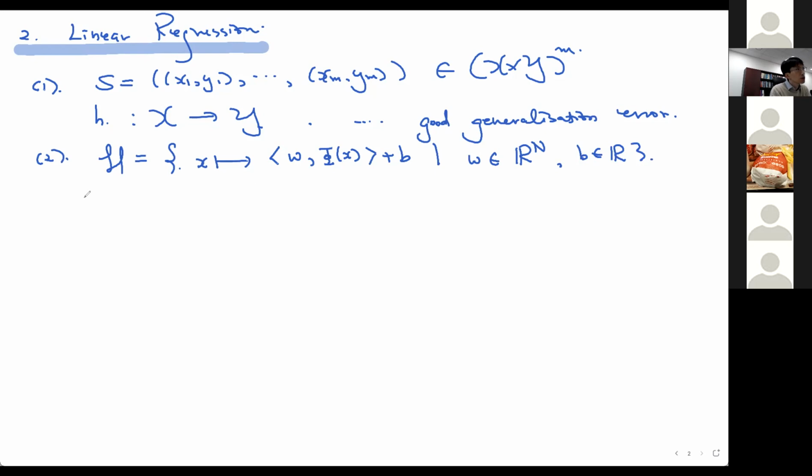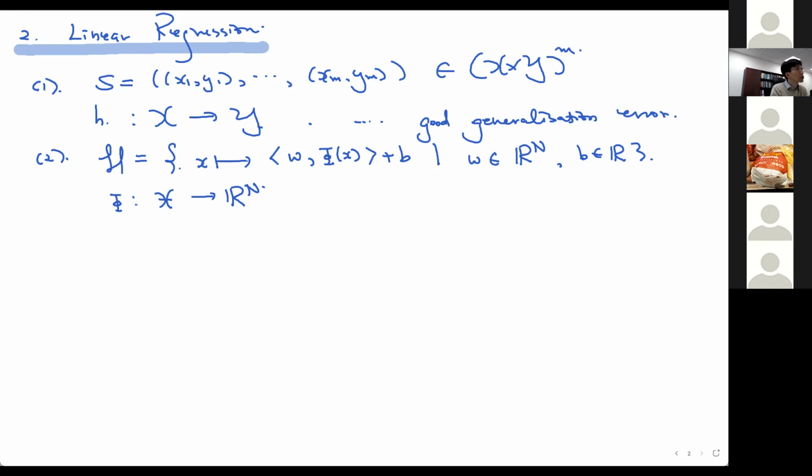And phi is a feature map, which is defined as a mapping from x to R^n. So we encode each input using the feature map phi, and that maps each input into some space R^n, maybe high dimension or low dimension, but the feature space R^n, and then we compute some linear function there.